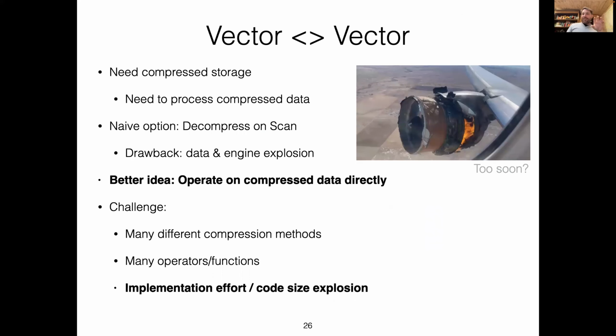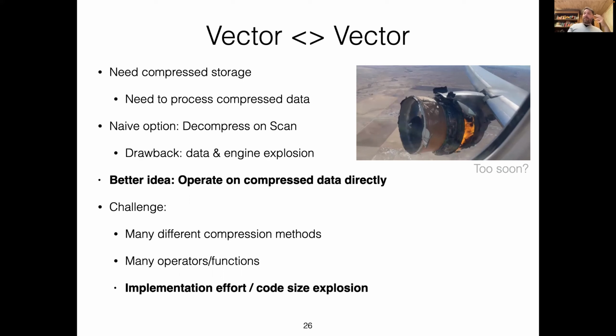And vectors are not equal to vectors, because we want to have different ways of representing vectors. The reason we want different ways of representing the logically same vector is that we want to be able to run queries directly on compressed data. Let's say, for example, you have RLE compression.